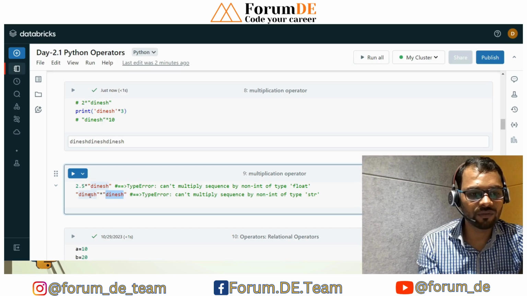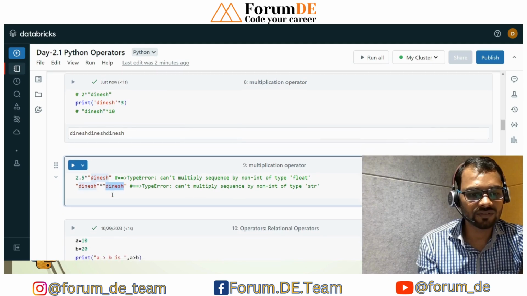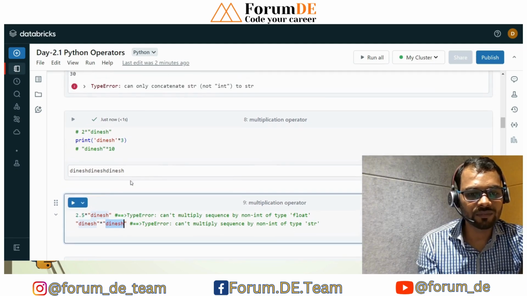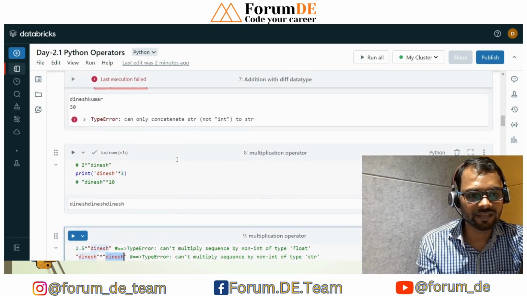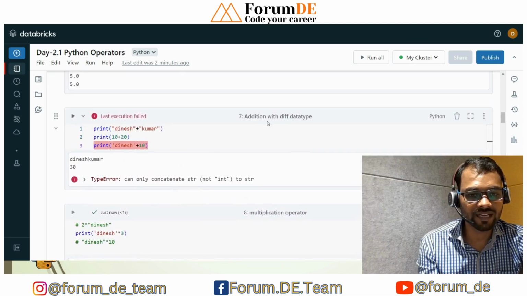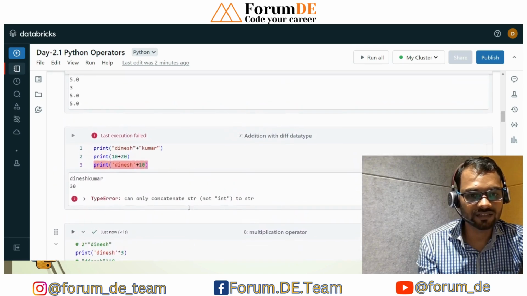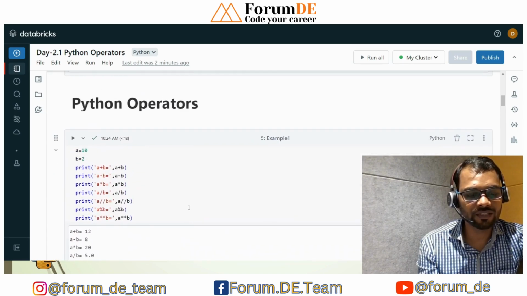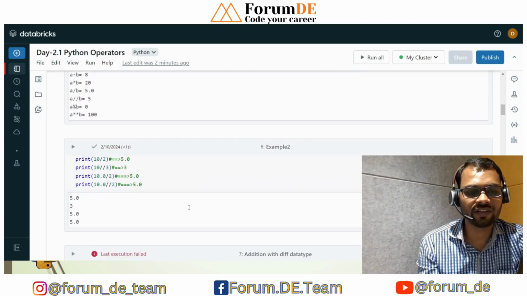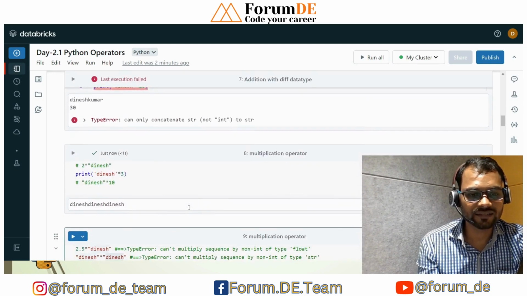Similarly, if you multiply a string with a string, this is also not possible in Python, because we cannot multiply a string by a string; we can only multiply an integer by an integer. These are some of the concepts on the addition and multiplication operators. I hope you understand this concept. Now we are going to meet in the next topic with the relational operators. Thank you so much.